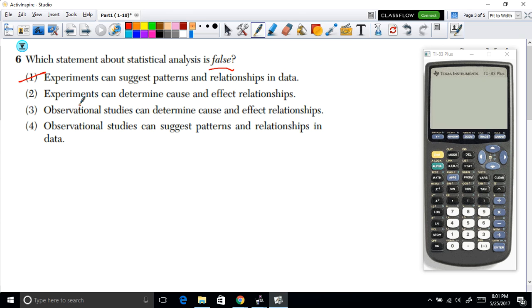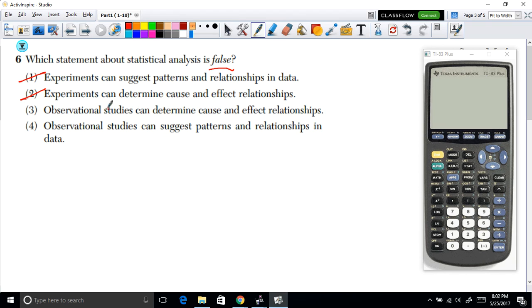Now, the second option says that experiments can determine the cause and effect of relationships. And again, that's the purpose of an experiment. You want to see a pattern, and if you see a relationship, you will see some kind of a cause and effect. So actually, statement 2 is true as well. But again, we're looking for false statements. So let's look at statement 3. It says, observational studies can determine cause and effect.